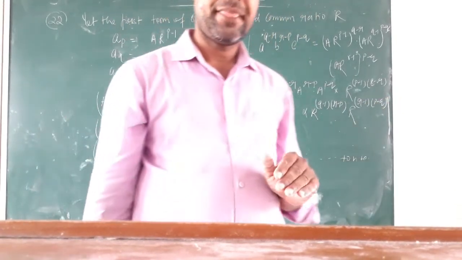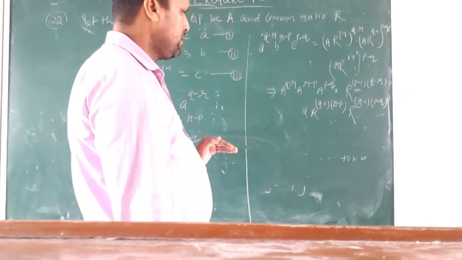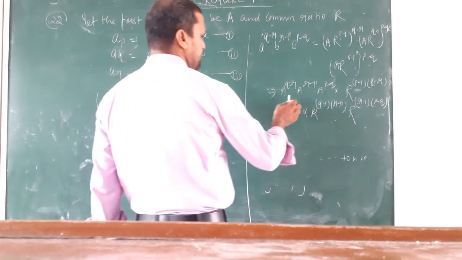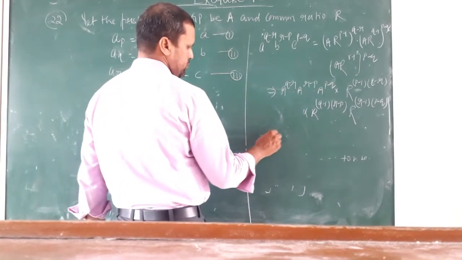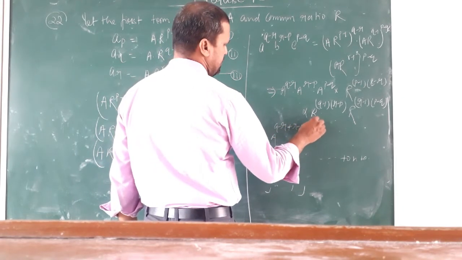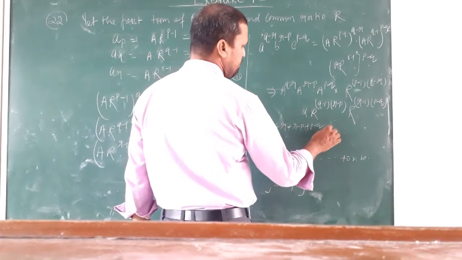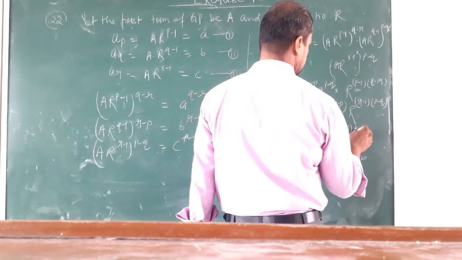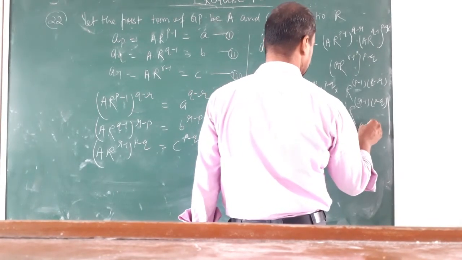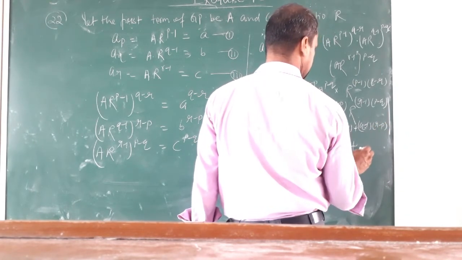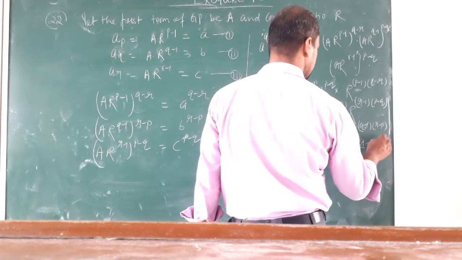As you know, in a product we add the exponents, so we can write A to the power q minus r plus r minus p plus p minus q, into r to the power p minus 1 times q minus r plus q minus 1 times r minus p plus r minus 1 times p minus q.